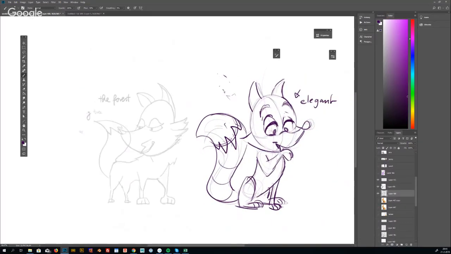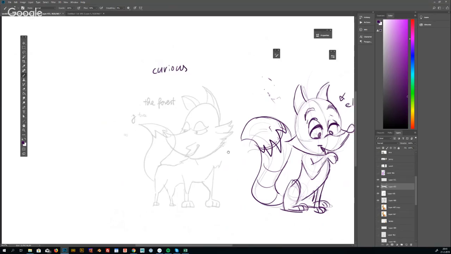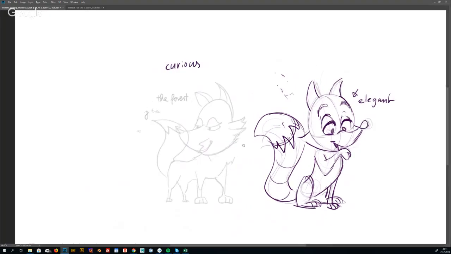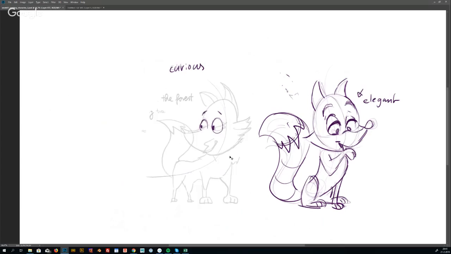And then we have the other character, and this one is really curious, I think. Let's make him curious. So I think that's fun. So then that's why he's looking that way. And maybe if he's curious, maybe he looks like, hey, what's happening there or something. So something like that. But let's start.